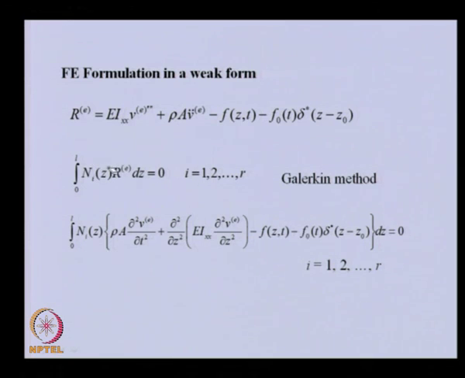If we multiply the shape function with the residual and integrate over the domain equal to 0, and as we know the shape functions will be equal to the number of coordinates, the degrees of freedom of the element, we are substituting this residual in this expression.